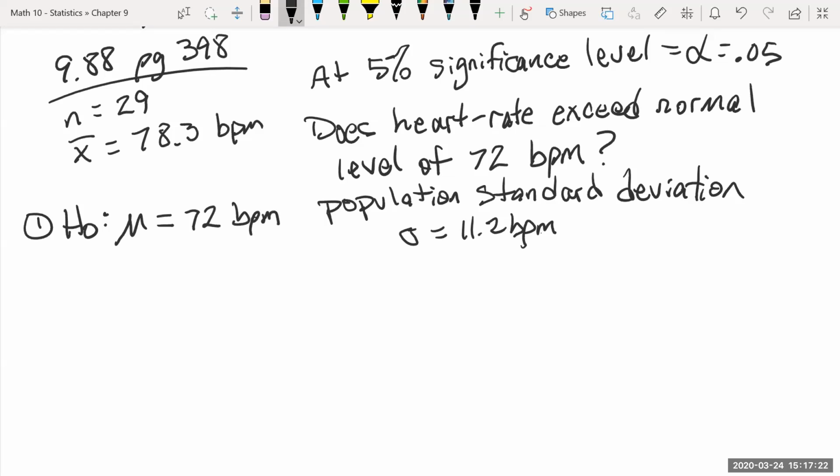The null hypothesis will always include an equal. The alternative hypothesis is the answer to the question: does the heart rate exceed? Well, that means is the mean greater than 72 beats per minute? I am having a little bit of problem doing my beats per minute.